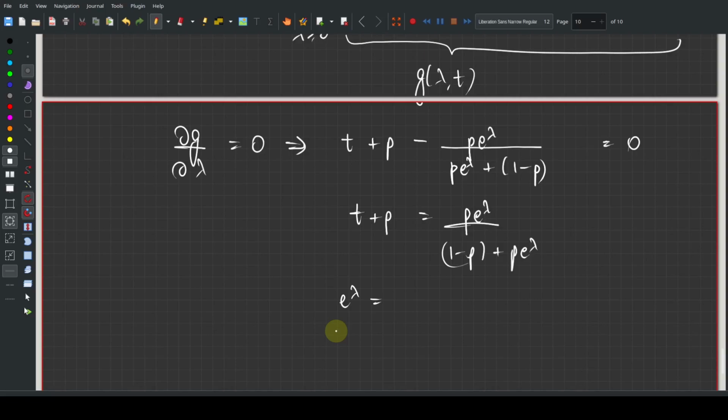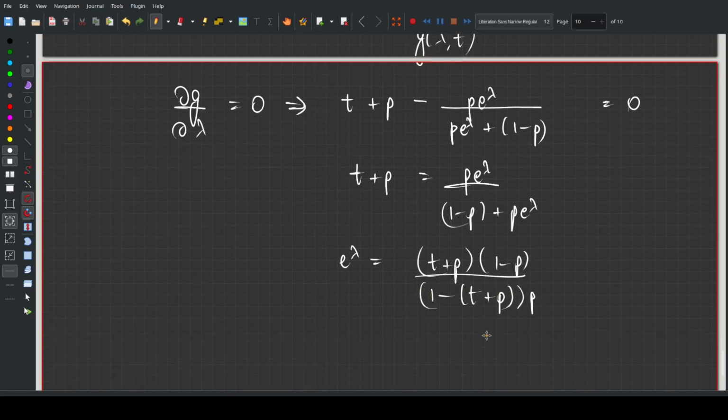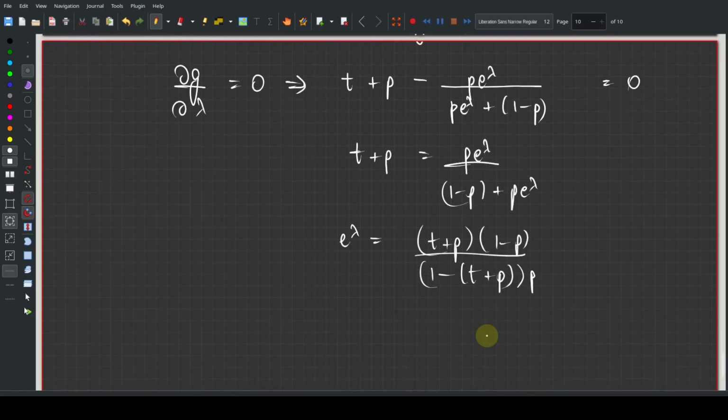Solving for e to the lambda, we get e to the lambda equal to t plus p times 1 minus p divided by 1 minus t plus p times p. So lambda is basically log of this.